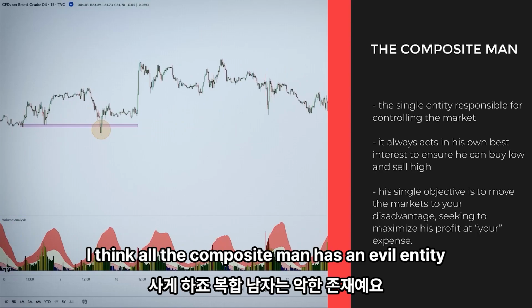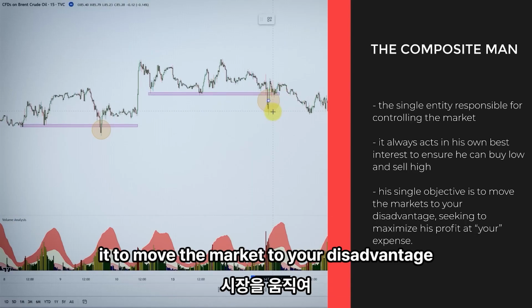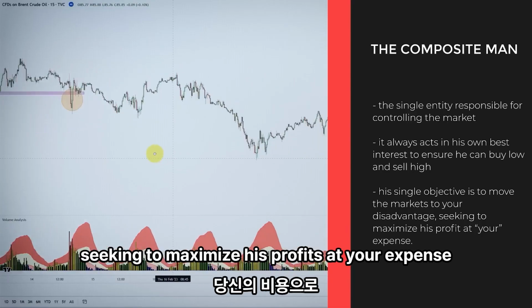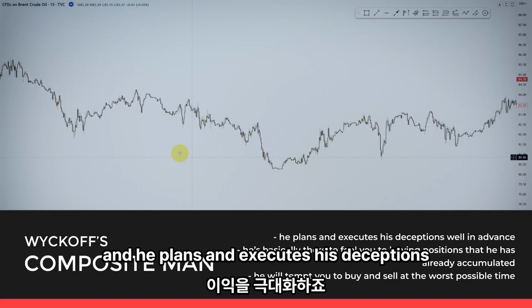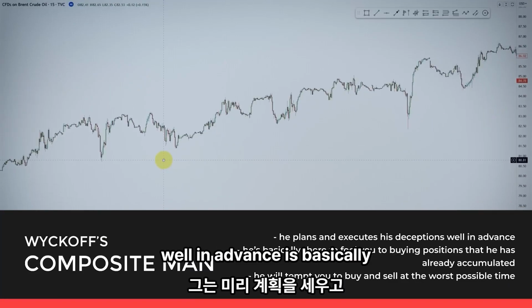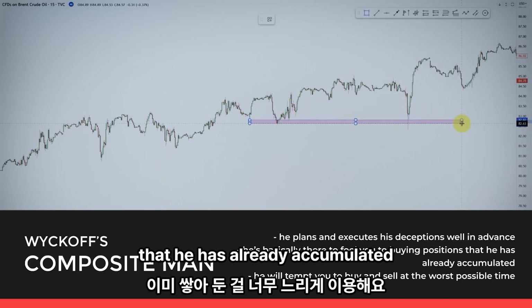Think of the composite man as an evil entity controlling markets by pushing buttons. His single objective is to move the markets to your disadvantage, seeking to maximize his profit at your expense. And he plans and executes his deceptions well in advance. He's basically there to fool you into buying positions that he has already accumulated.